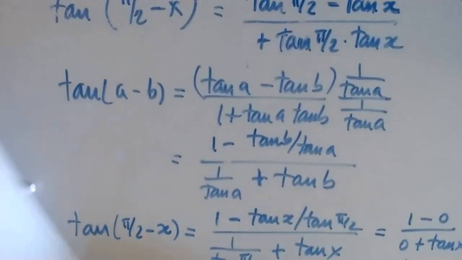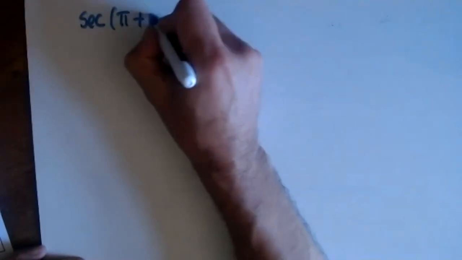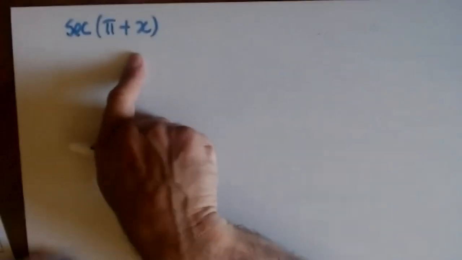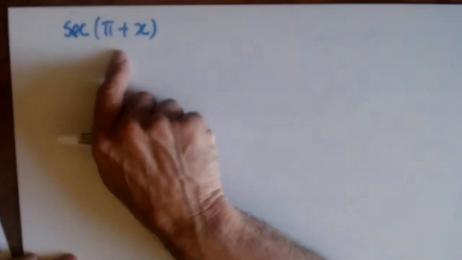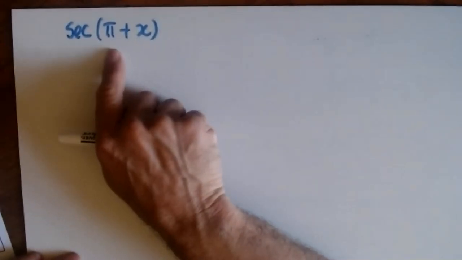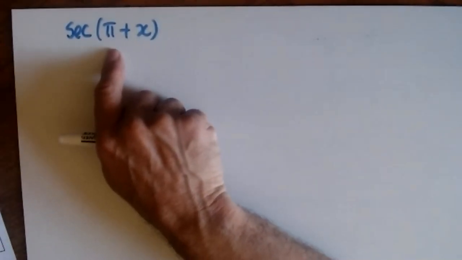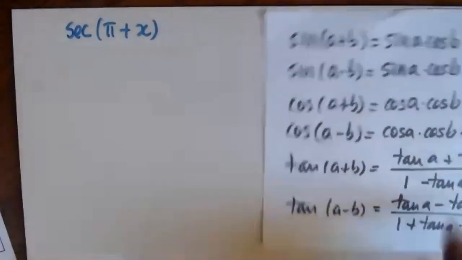Here we go. The next example we're going to solve is the secant of pi plus x, correct? There is an identity for this one, yes, but in my set of identities, I don't have a secant.